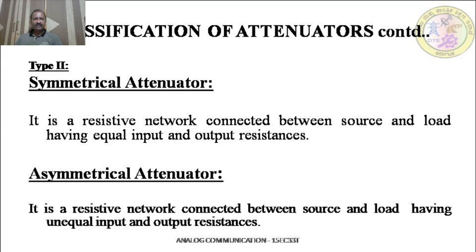You can define it like this: a symmetric attenuator is a resistive network connected between source and load, having equal input and output resistance. An asymmetrical attenuator is a resistive network connected between source and load having unequal input and output resistances.